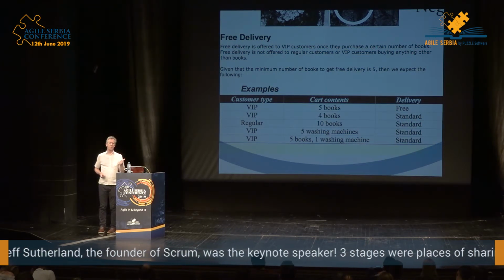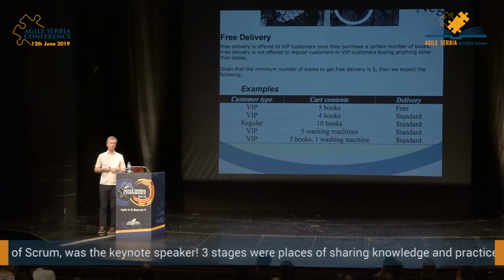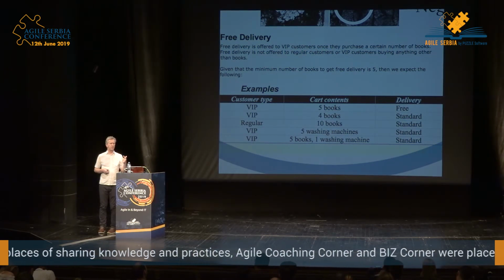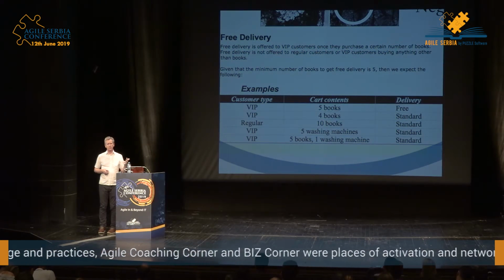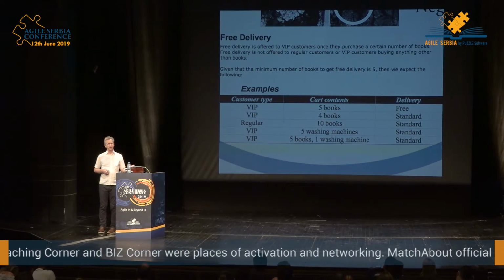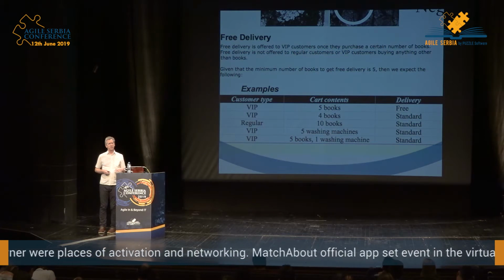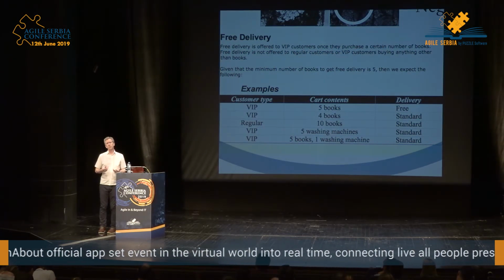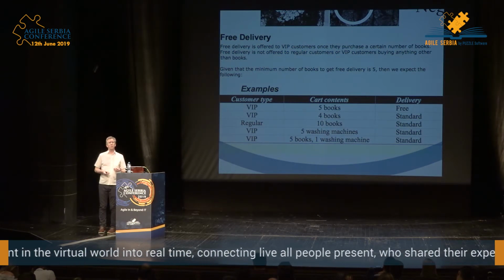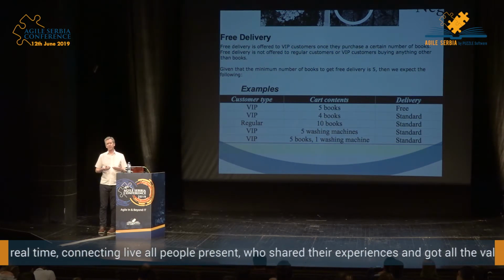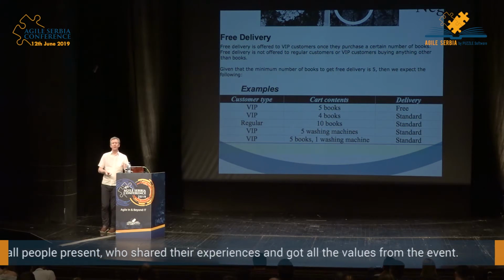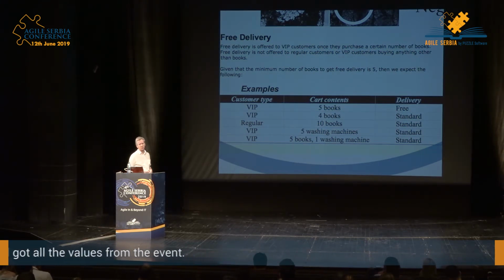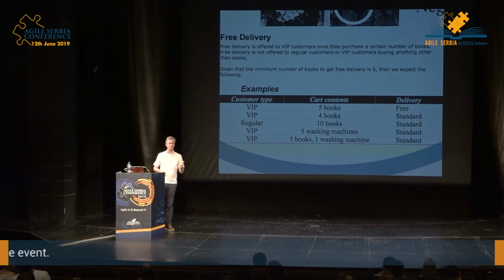Notice here there's only one positive test or positive example. It's a VIP customer with 5 books in the cart does get free delivery. That's what this rule is about. And all of the other 4 examples, the next 4 rows, are counterexamples. They're all showing where we would not get free delivery. But they're useful because they vary only slightly from the positive case. So they help us to see that we are showing examples of the boundaries of this rule, like the number of books matters.